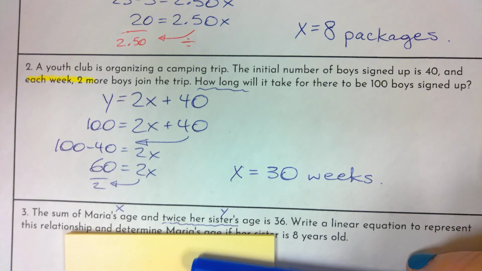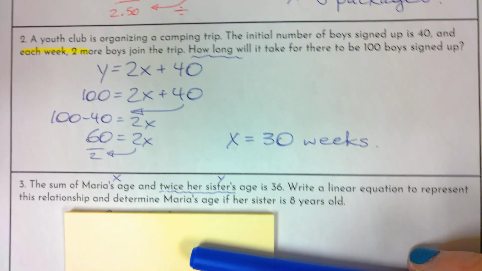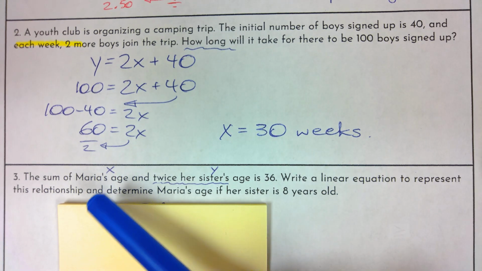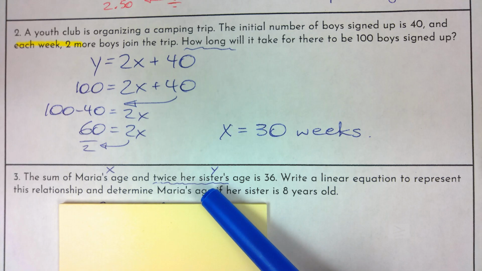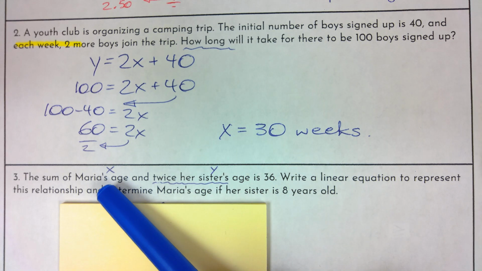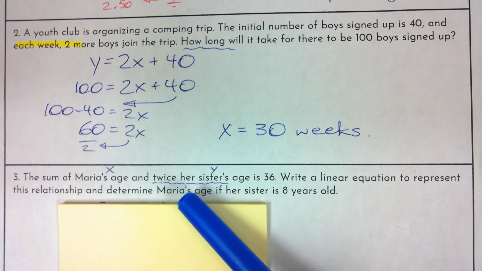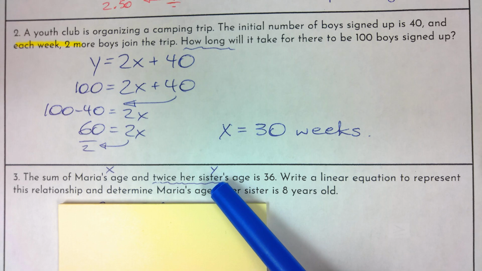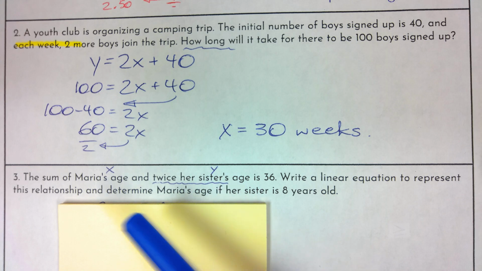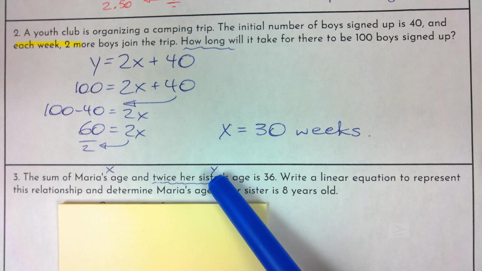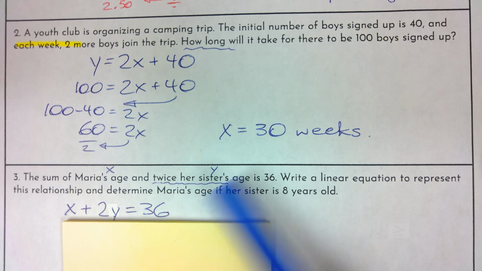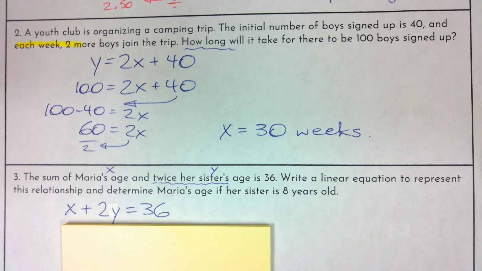Okay. This one is a little tricky. The sum of Maria's age and twice her sister's age is 36. So Maria's age, let's say it's x. Her sister's age, we don't know, we'll say it's y. So x plus twice her sister's age, so 2y, is 36, so equals 36.